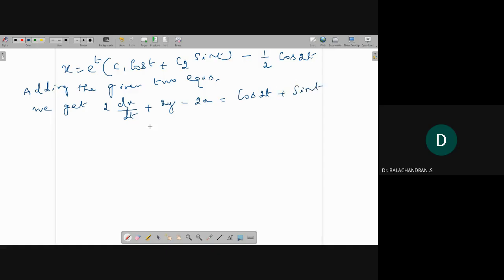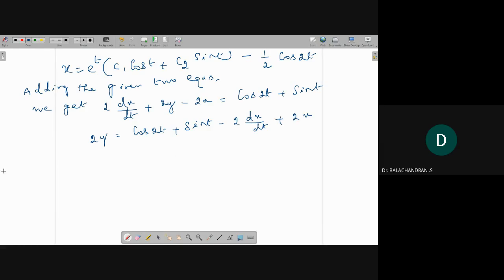So now I'm not going to solve this problem completely. I leave it to you. So 2y equal to cos 2t plus sin 2t minus 2 into dx by dt plus 2x.